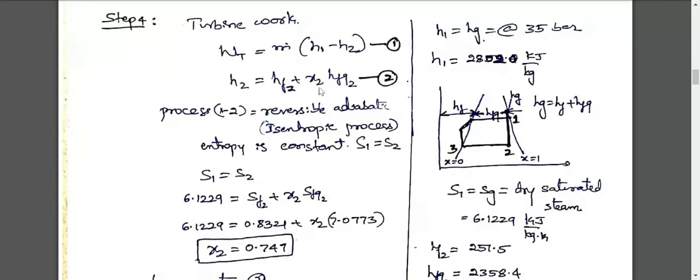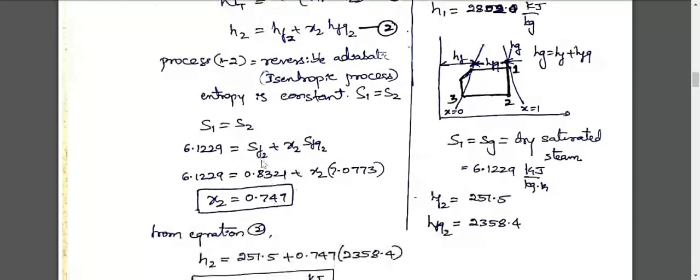S2, the same equation number 2 written in terms of entropy: SF2 plus X2 SFG2. SF2 is the entropy of fluid at second pressure, that is condenser pressure. The reason is point number 2 is at condenser pressure, and at the same time point number 3 is also at condenser pressure.